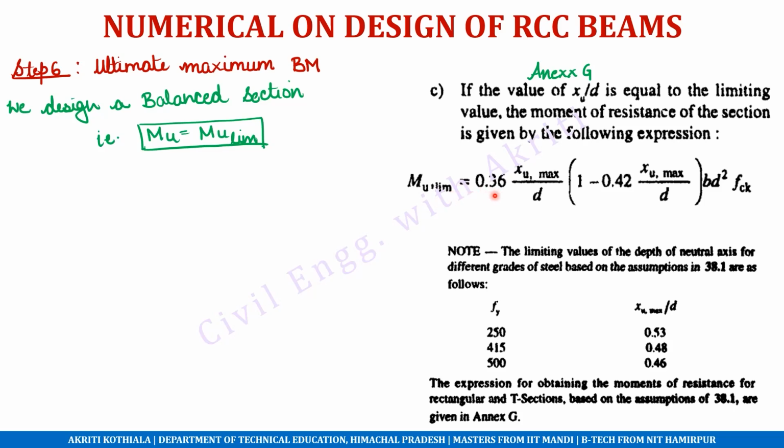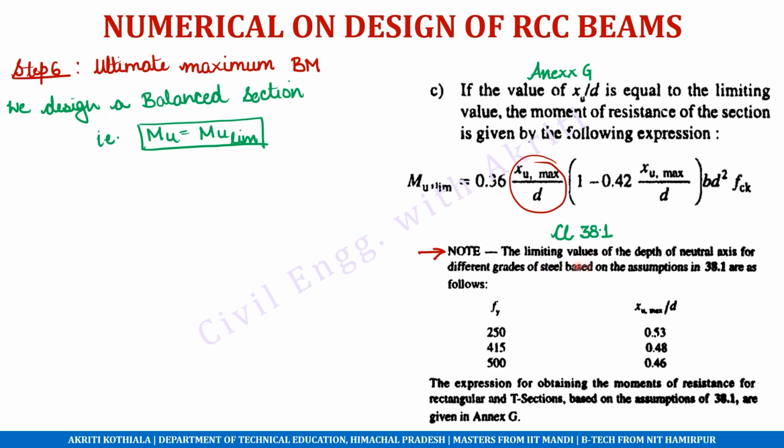That is equal to 0.36 Xu max by d (1 minus 0.42 Xu max by d) into bd square fck. So we'll be using this formula to calculate Mu limiting. However, we do not know how to calculate this Xu max. So we'll be referring to another clause of IS 456, that is clause 38.1.